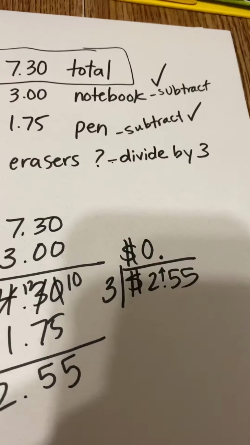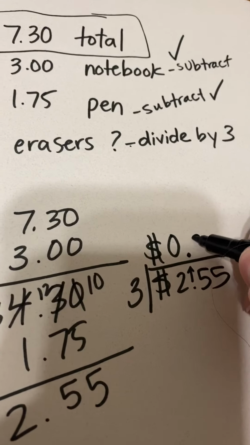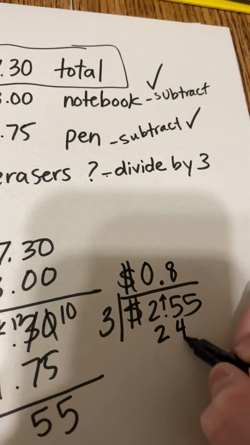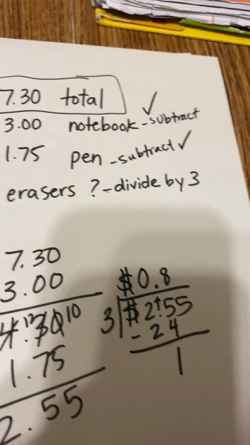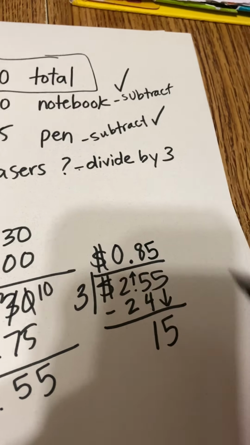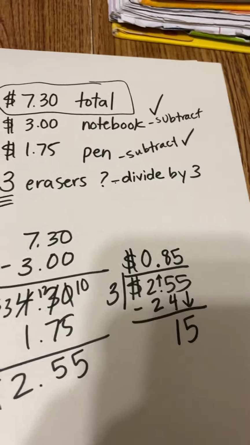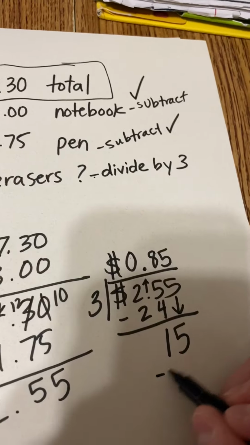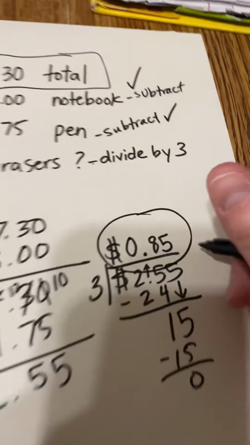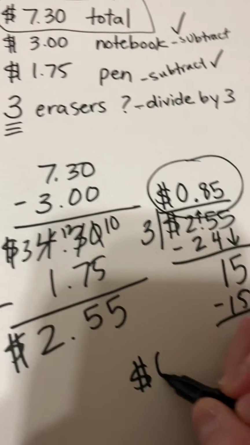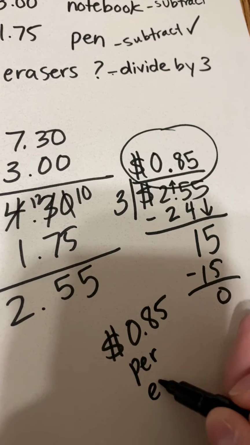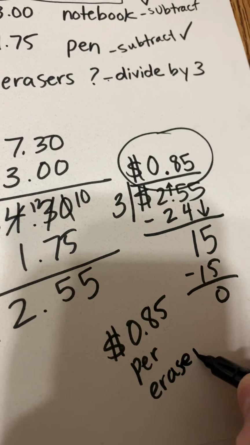But 3 goes into 25 8 times, because 8 times 3 is 24. And I subtract. So now I bring down my 5, and 3 goes into 15 5 times. So I know 5 times 3 is 15, and I should end with 0. So each eraser, let's see, it's $0.85 per eraser.